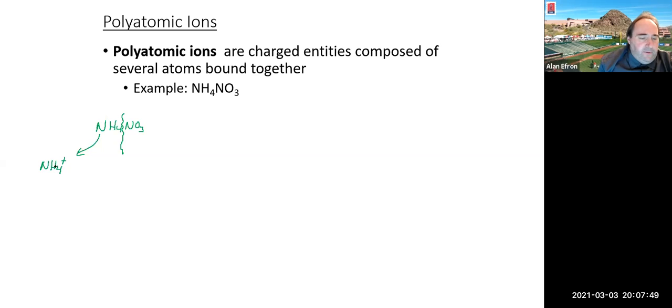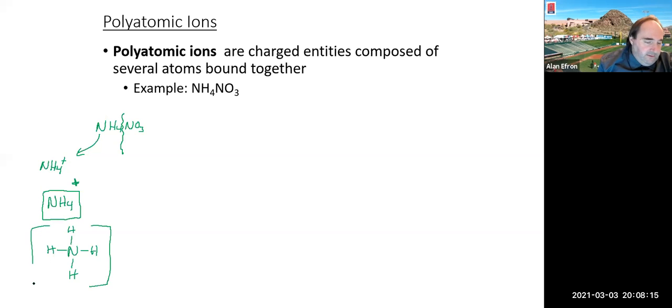And just so we're clear, that one nitrogen and those 4 hydrogens are all bound together through sharing of electrons. They move as one unit, and that entire unit has a +1 charge. It looks like this.